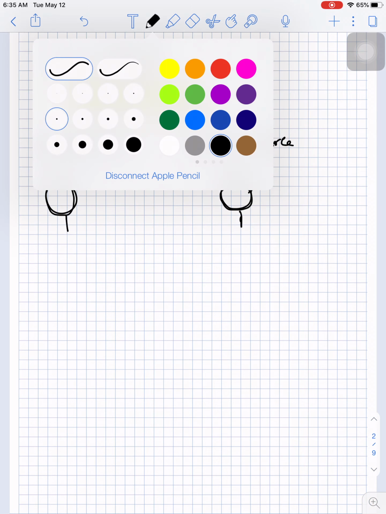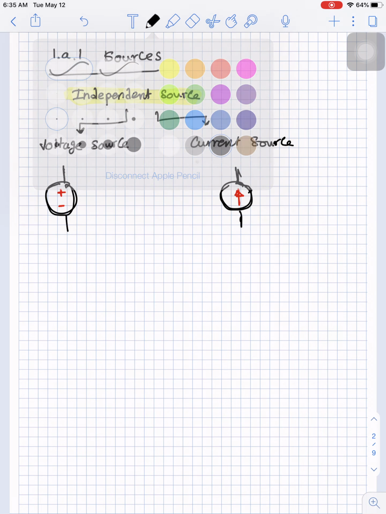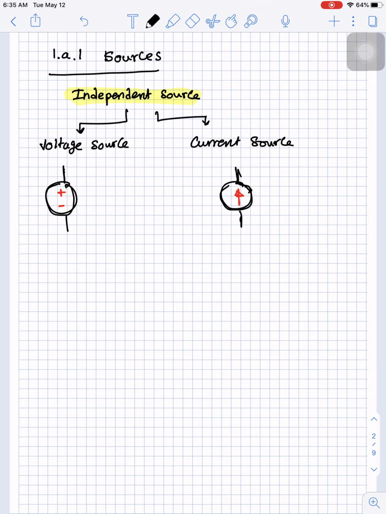For a voltage source, we will have positive and negative polarity to indicate that we have a voltage source. And for a current source, we will have an arrow which indicates that we have a current source. For a voltage source or current source, you will be given one piece of information and there will be one unknown.